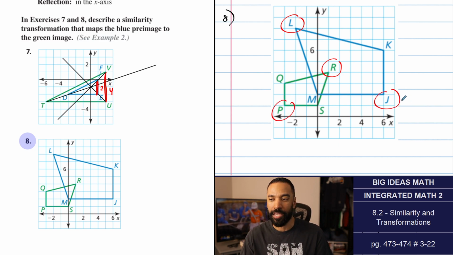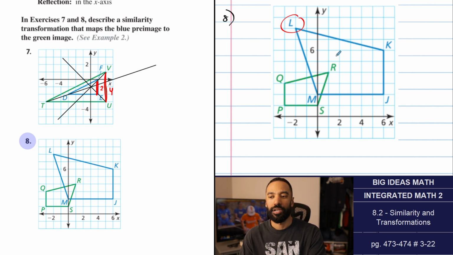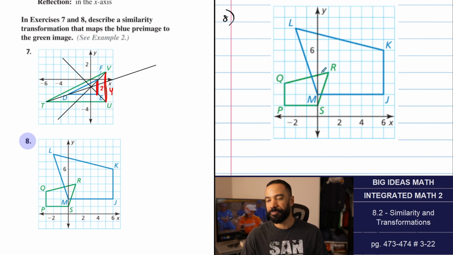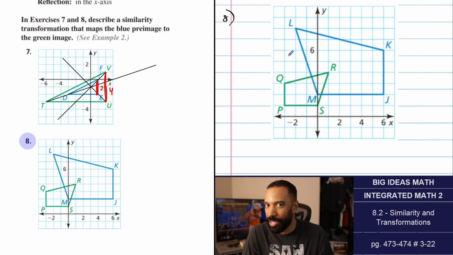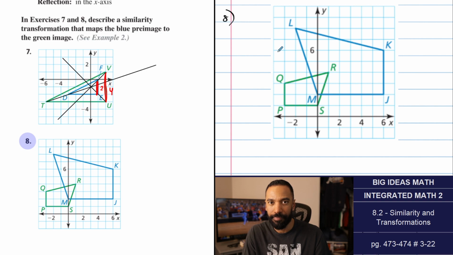P goes to J, things like that. But let's shrink it. If you imagine that this thing will do kind of what you want it to, by shrinking it, we also need to find a center. This is where I can't really draw a line yet, unless there were things that we knew where the center came from. So that's an unfortunate part here, but I think they're not going to make this too tricky.